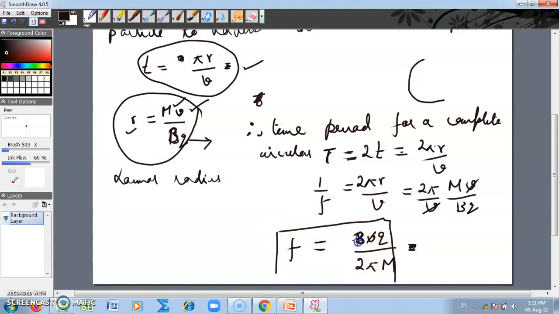You see, that means for a cyclic accelerator like a cyclotron, there is a relation between what the frequency of the oscillator would be in relation to the magnetic field, the charge and the mass. The charge and the mass are constant quantities, but there is a relation between f and B like this.